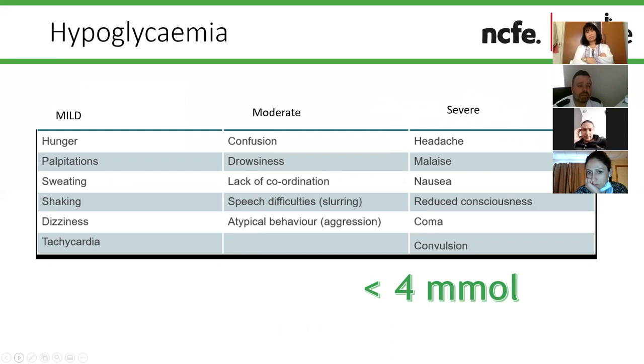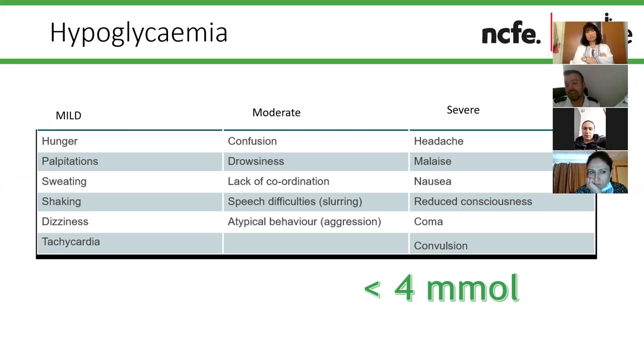So mild hunger, palpitation, sweating, shaking, dizziness, tachycardic. Tachycardic is what? The heart is beating faster. Very fast, yeah. So it's beating too fast. Moderate then: confusion, drowsiness, lack of coordination, speech slurring, and aggression.